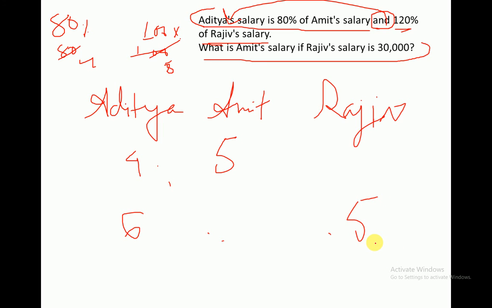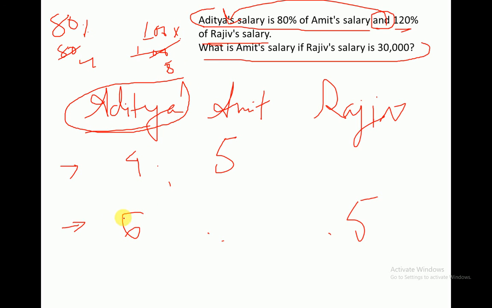Now in both these ratios, which one is the common one, or the connecting one? We see Aditya present in the first one, and Aditya also present in the second one. So we can say that Aditya is the connecting one.